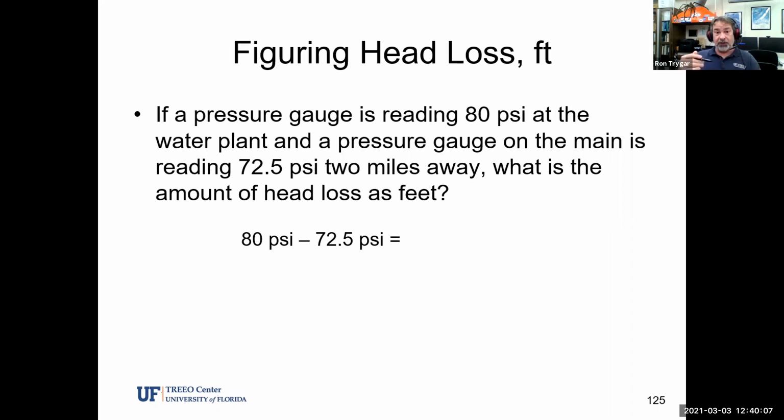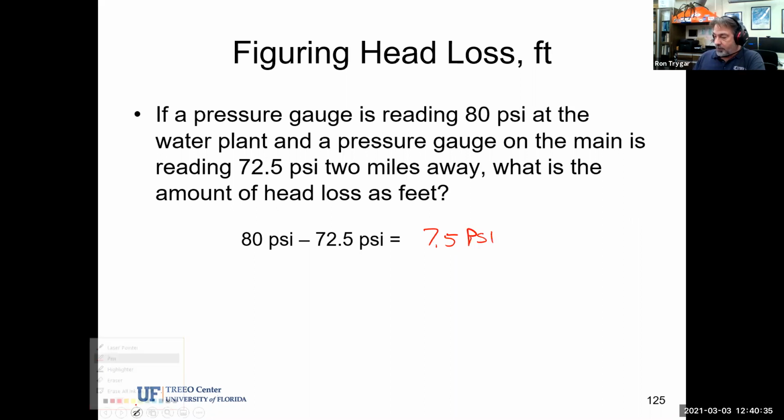We want the actual foot units, not the difference in PSI, but we do need to know the difference in PSI so we can calculate the feet of head loss. First things first, take the 80 PSI and subtract off the 72.5. I got 7.5 PSI difference. So we lost 7.5 PSI.